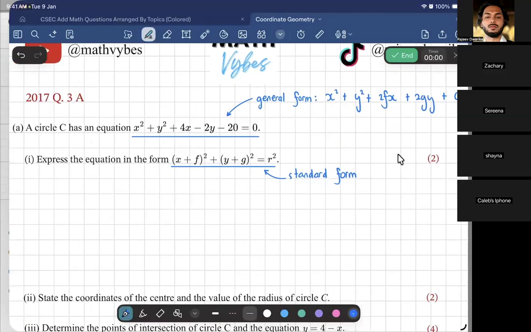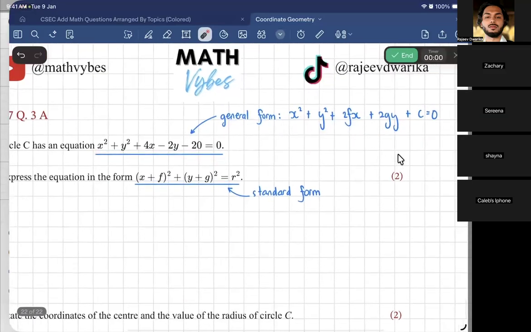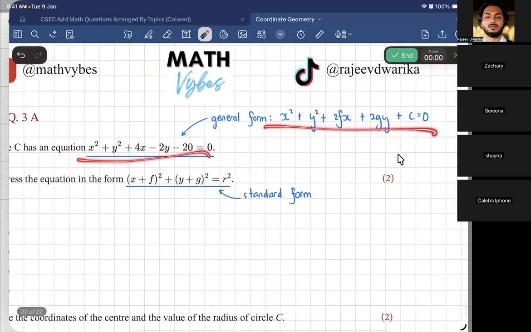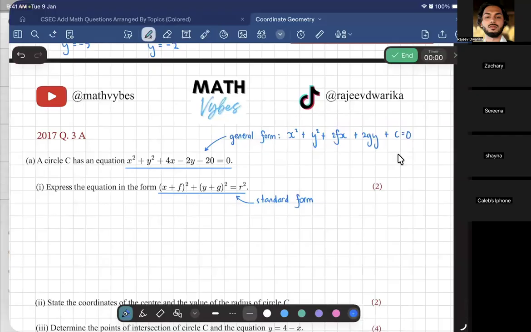Cool. So, Caleb, if you compare this to this, what could you find for? F and G. So, how could we find for F? You tell me.